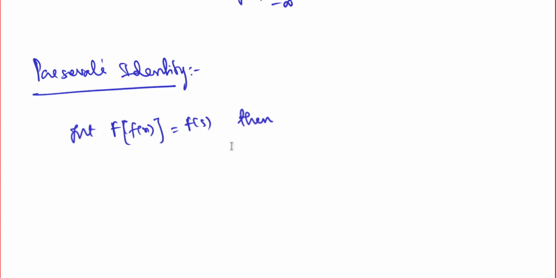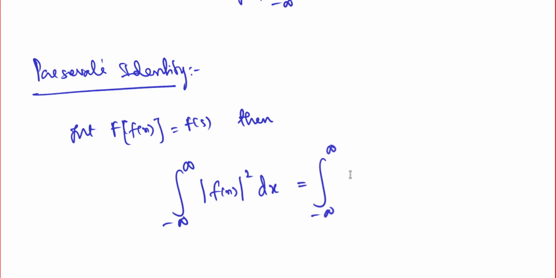Then the integral from minus infinity to infinity of mod f of x whole square dx is equal to the integral from minus infinity to infinity of mod f of s whole square ds. Nice result.